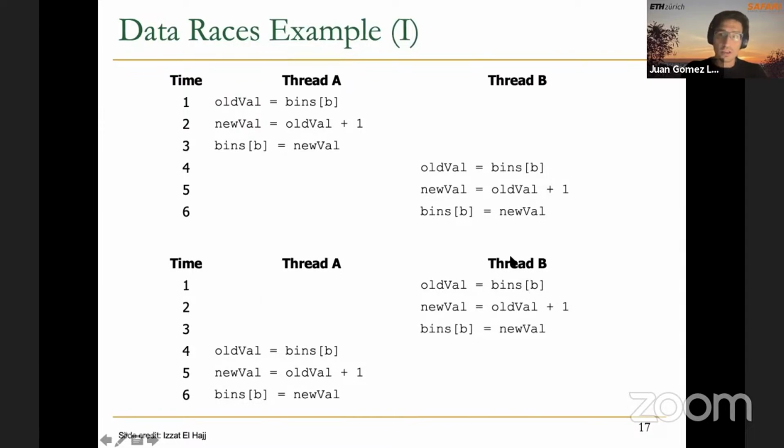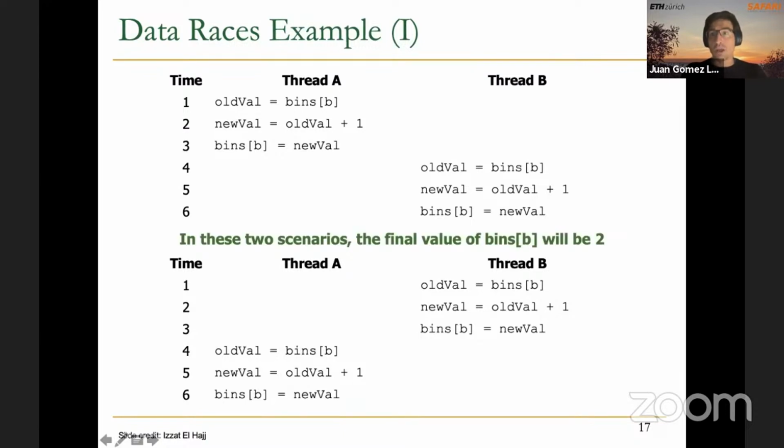It's first thread B that reads, modifies, and writes the value in bin B, and then it's thread A. In this case, the final result is correct because the final result is 2, and one of them is operating first, the other one operating later, and there are no interleaved instructions from these two threads.